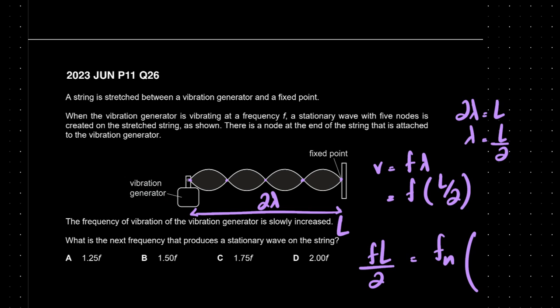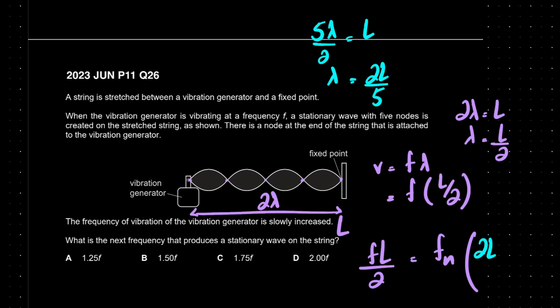So now if 2.5 lambda, or let's write it like this, if 5 lambda by 2 equals L, so lambda is really 2L over 5, right?